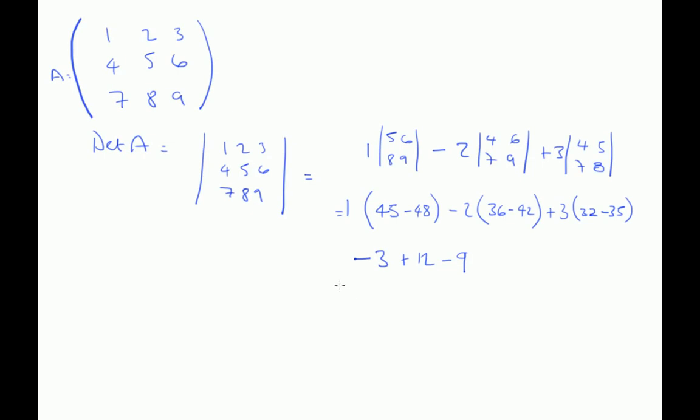Which equals minus 3 minus 9, which is minus 12, plus 12, which equals 0, which is a special case. The determinant has a value of 0, and it's a special case.